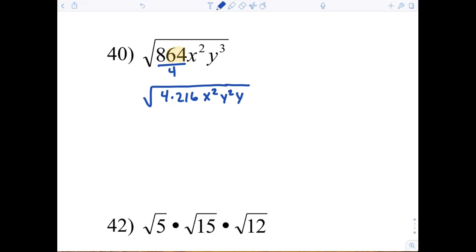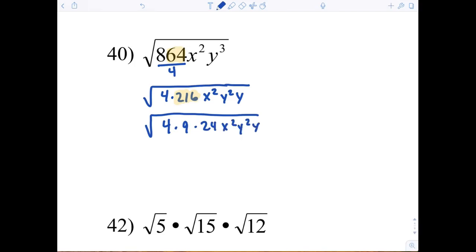Now, 216, there's another perfect square in 216. If you add the digits up, they add up to 9, correct? So it must be divisible by 9. So now take 216 divided by 9. How much? 24.